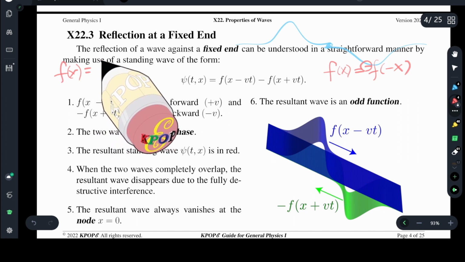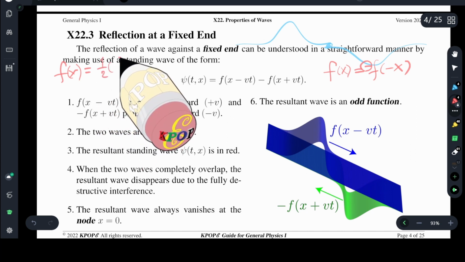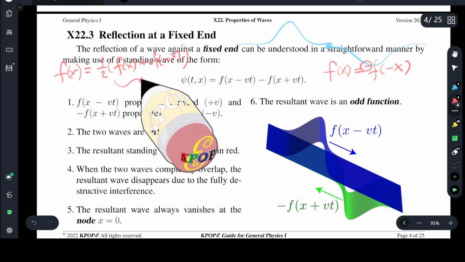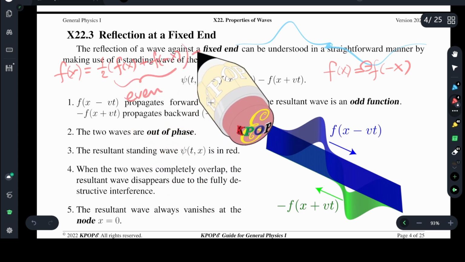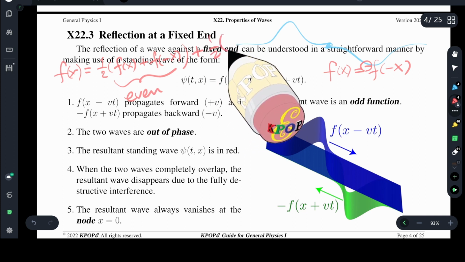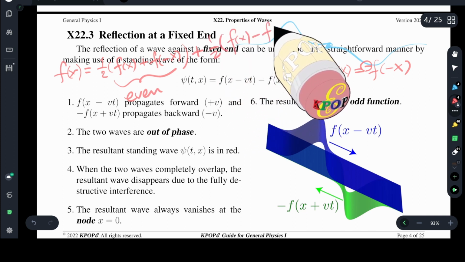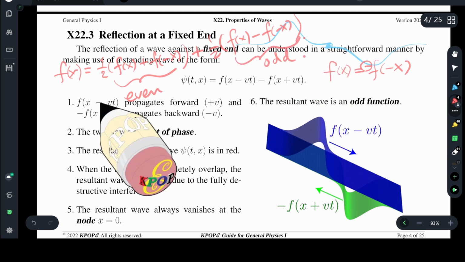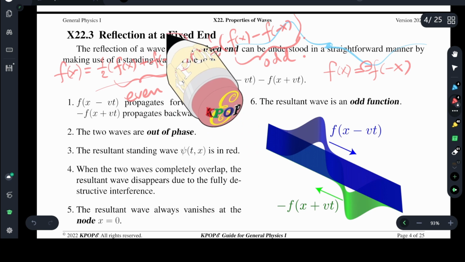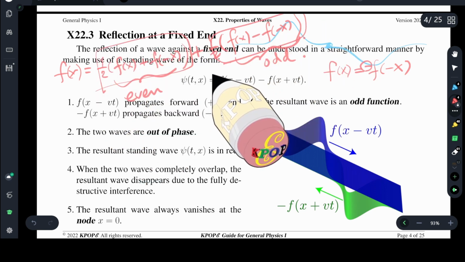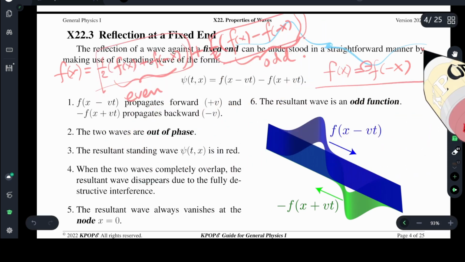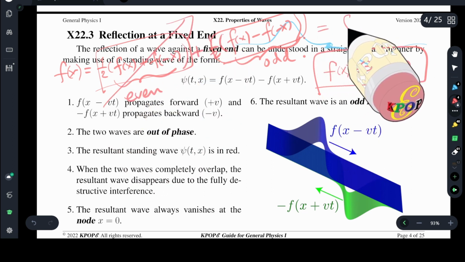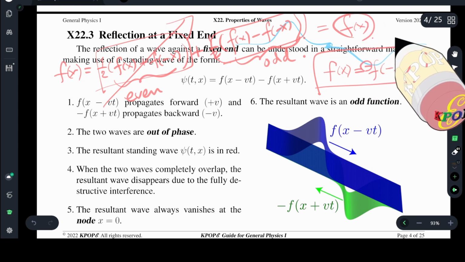Any function can be expressed in terms of an even part and an odd part. Any function is a superposition of even part and odd part. In case it is absolutely odd, the even part completely disappears and it is expressed as f of x only.